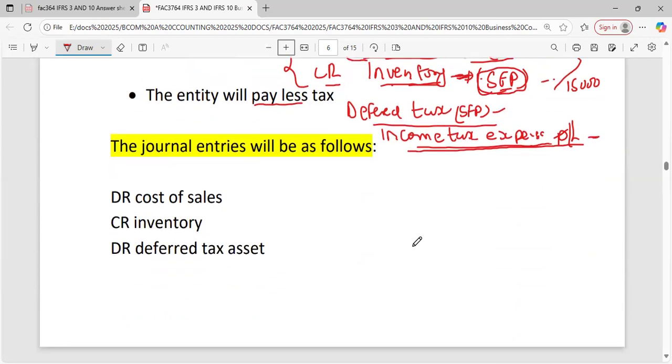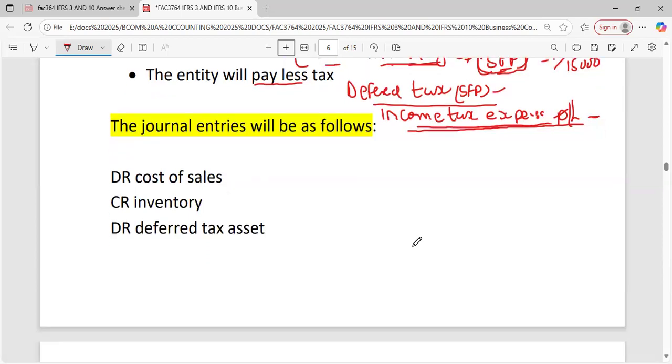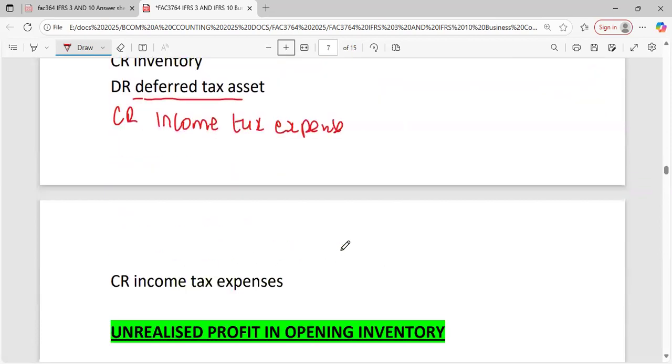The journal entries under the closing inventory will be: you debit cost of sale and credit inventory. You debit deferred tax asset and credit income tax expense.